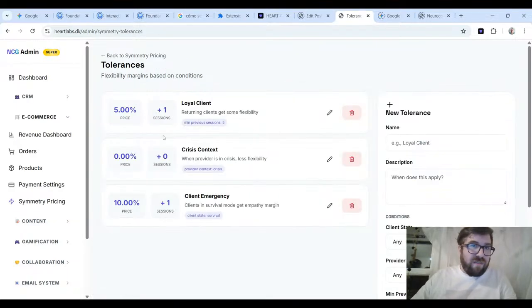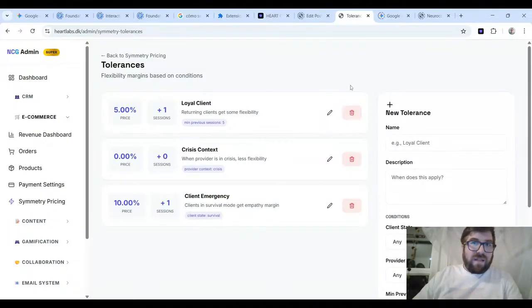But then you can have different tolerances, because on the other hand, I don't know if Tamara already said it, but you change the price, and the client can say how much they have available to invest in this service.